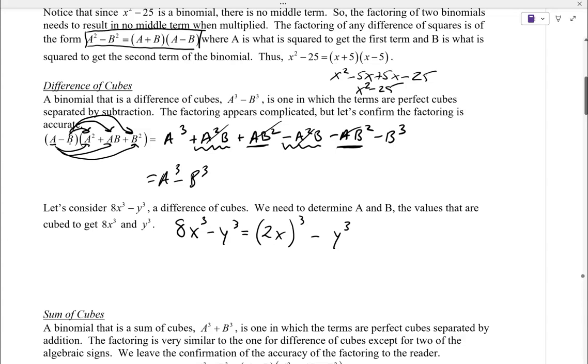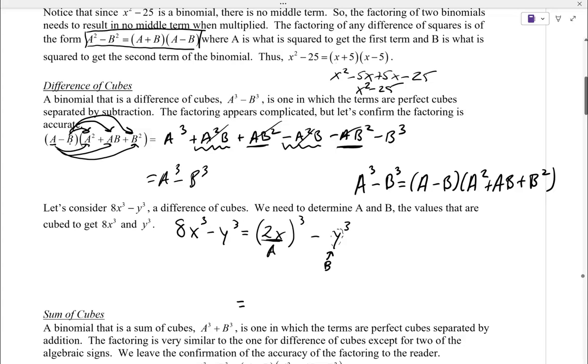All right, so look at your formula here, and I'm going to rewrite the formula so it looks a little bit nicer. What's playing the role of A? The 2x is what's in the parentheses here, right? This is your A. What's playing the role of the B? The y. Just the y.